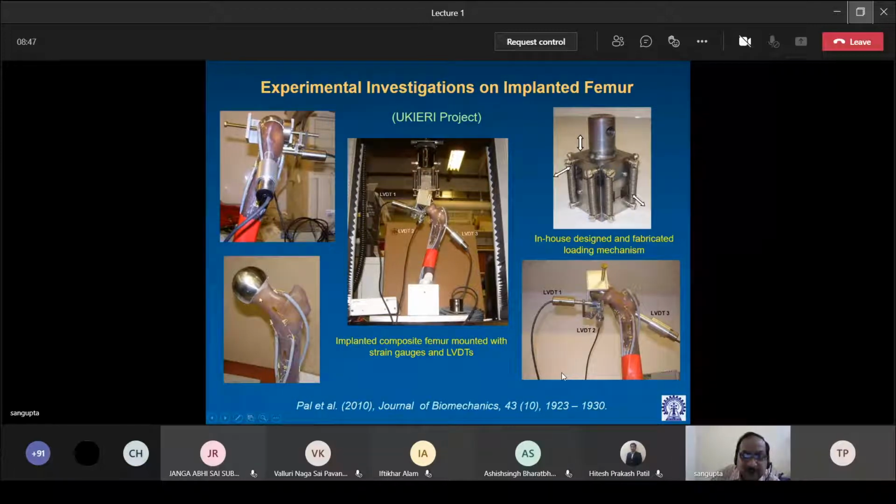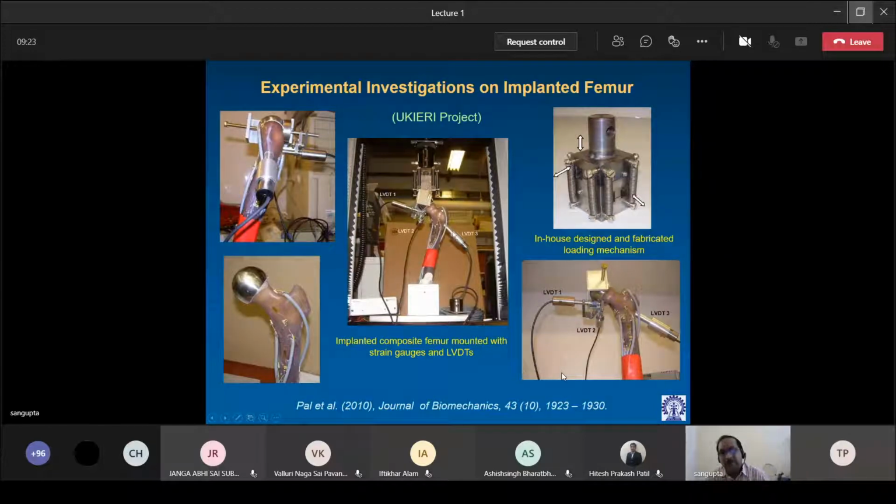Okay. And then we had also put strain gauges on the proximal part of the femur. And we have also tried to measure, using LVDT, linear variable displacement transducers, displacement along orthogonal directions of the implant with respect to the bone.